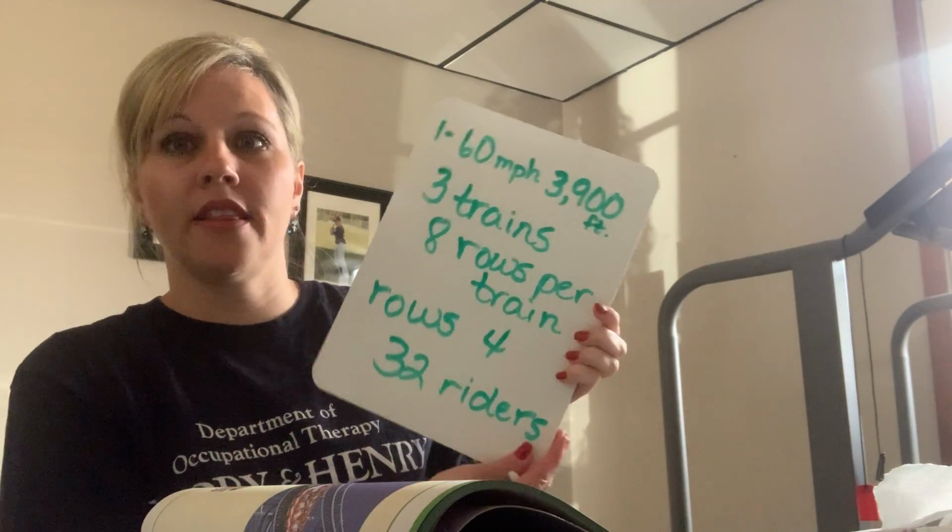What they're wanting us to find out is how many more rows were filled on the first train ride than on the third train ride. I don't think I needed any of the information that I wrote down in the first paragraph.